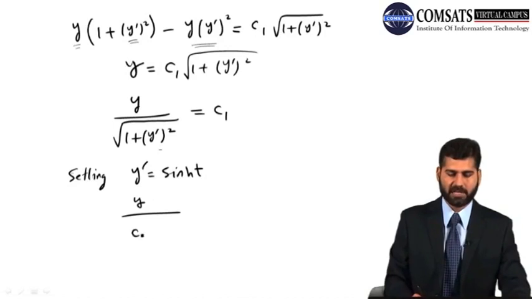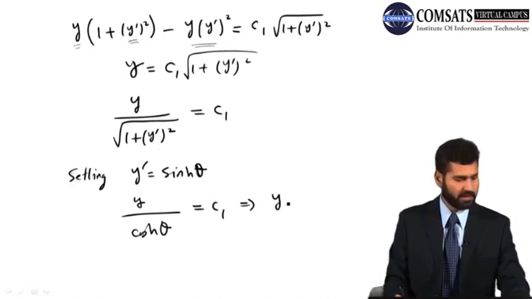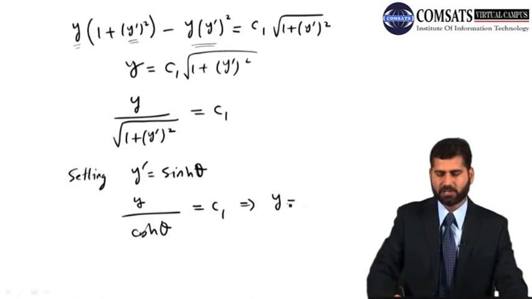All right, so I'll get y over cosine hyperbolic theta, not t, is equal to c1. So your y is equal to c1 cosine hyperbolic theta.